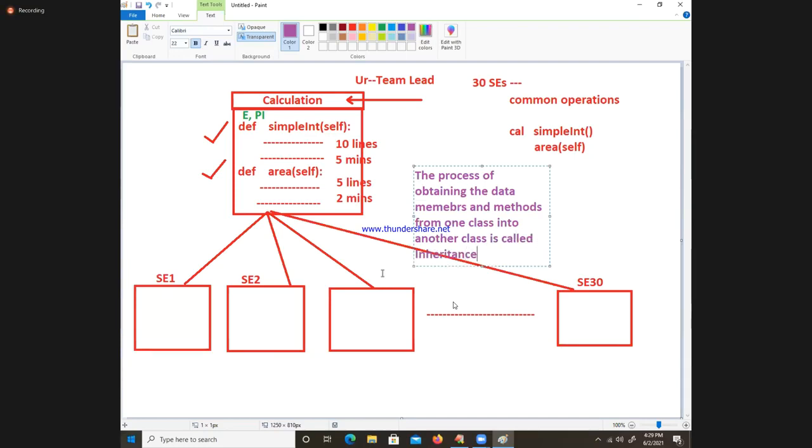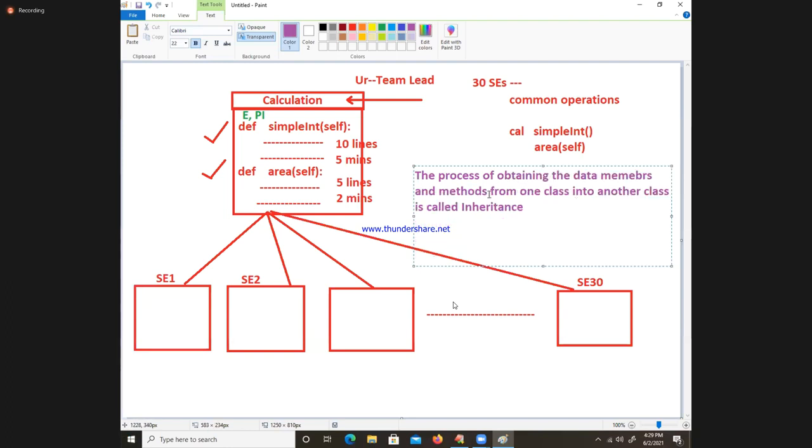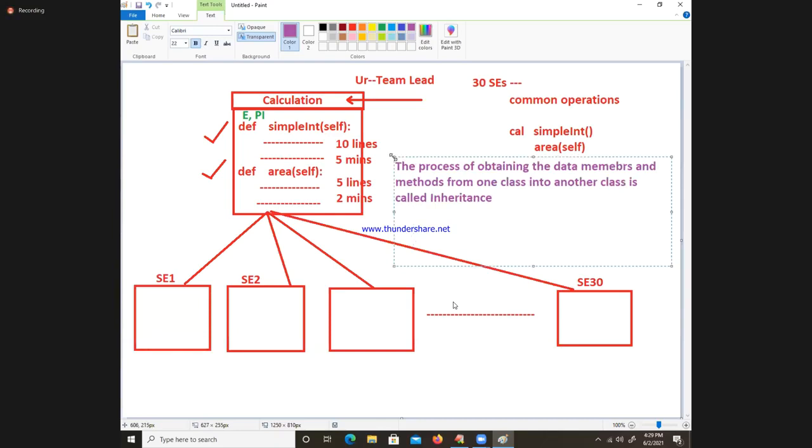Please read this, understand, and confirm whether you understand or not. Please forget whatever knowledge you have about inheritance. Are you understanding? Can you confirm once again, please? The process of obtaining the data members from one class into another class is called what? Inheritance.